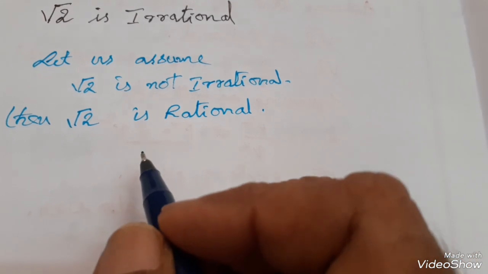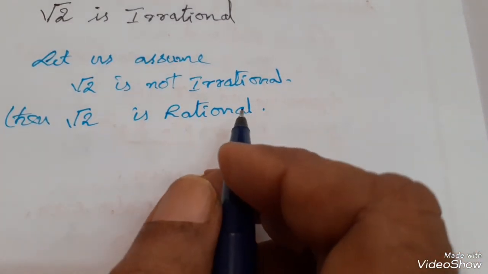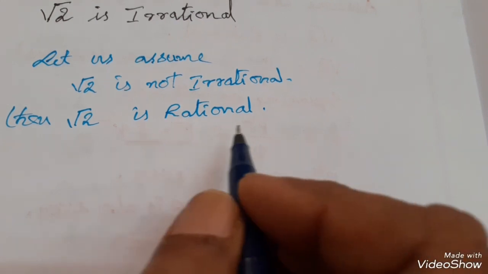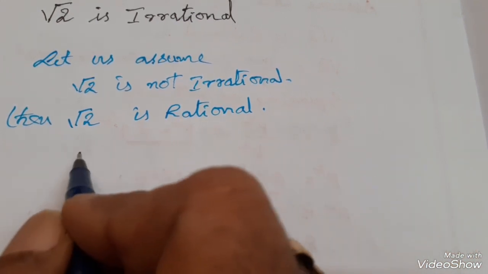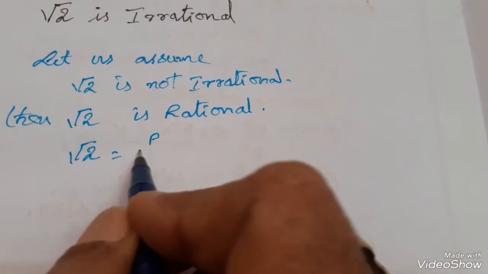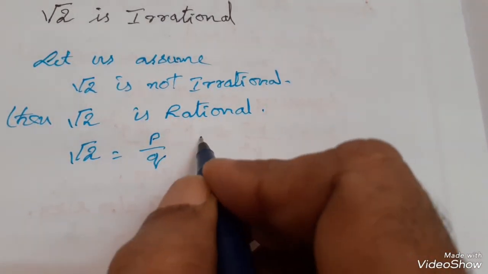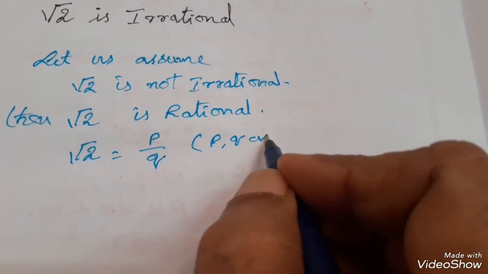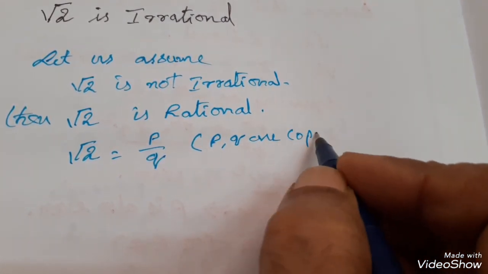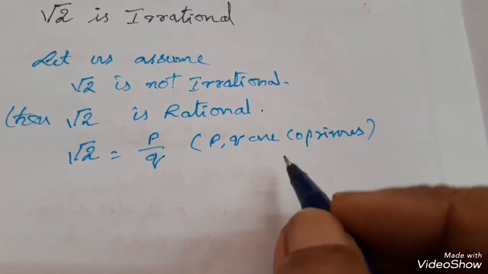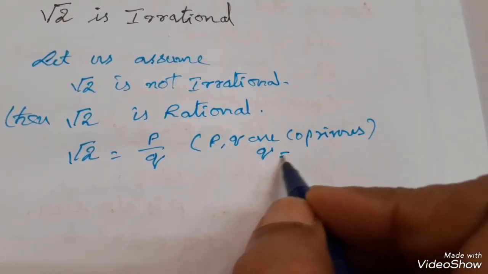When it is rational, as we know, any rational number we can write in p by q form. So here root 2 equals p by q, where p, q are co-primes and q is not equal to 0.